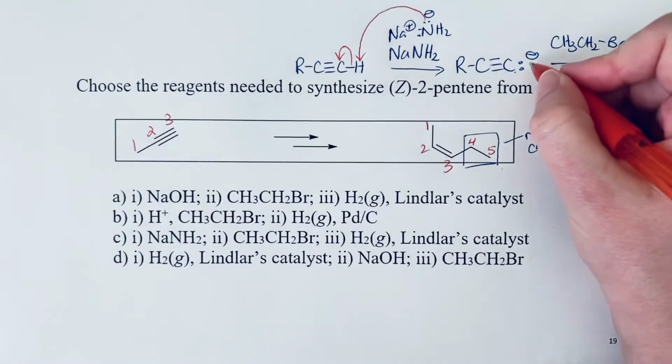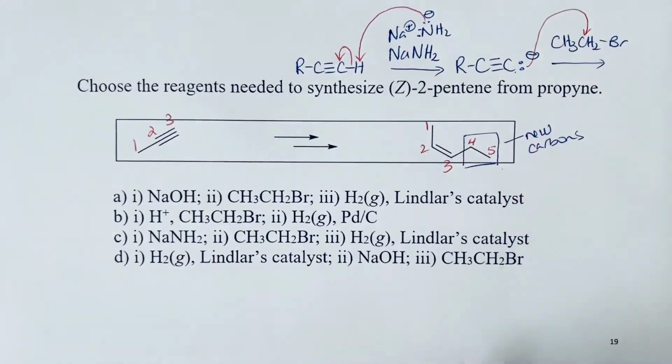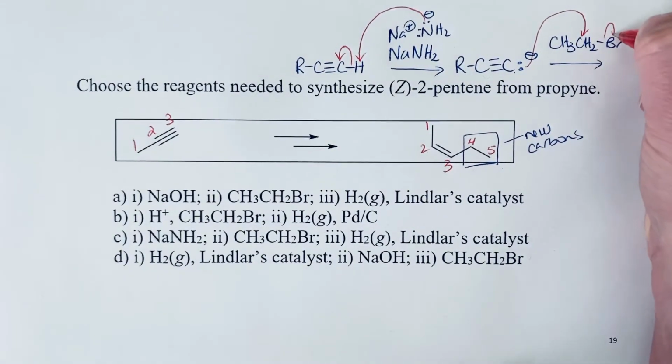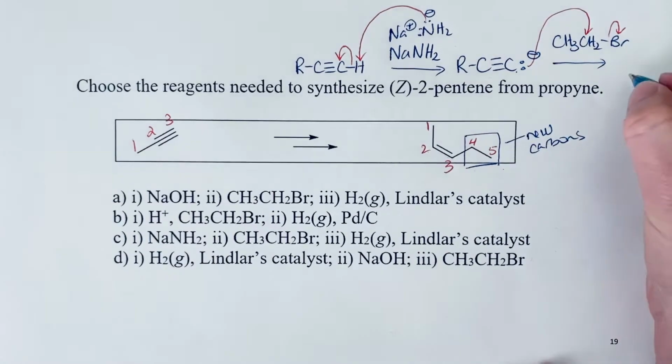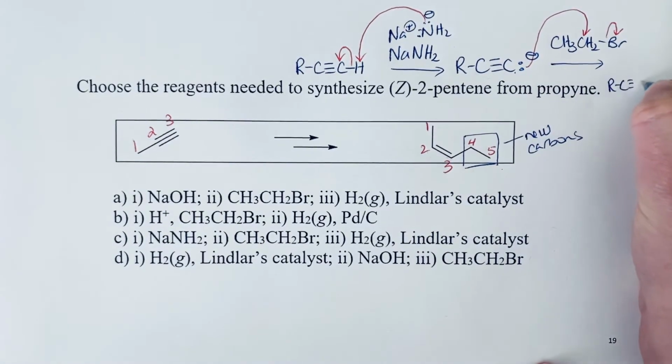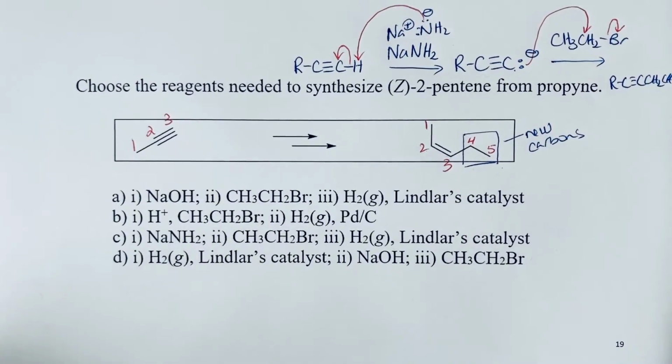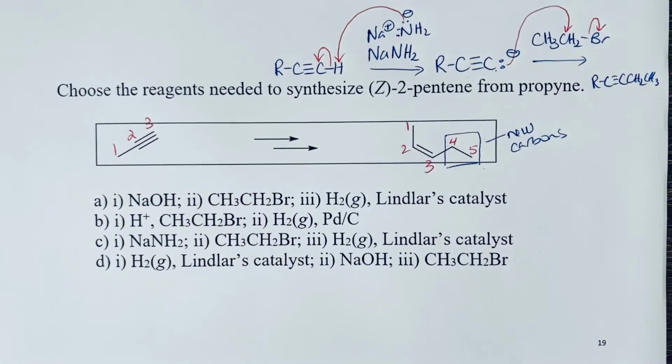And so when we have that good nucleophile, it can do an SN2 reaction on this alkyl halide, and that's going to form the carbon chain that we are looking for. So we have added in this step 2 carbon atoms to the chain.